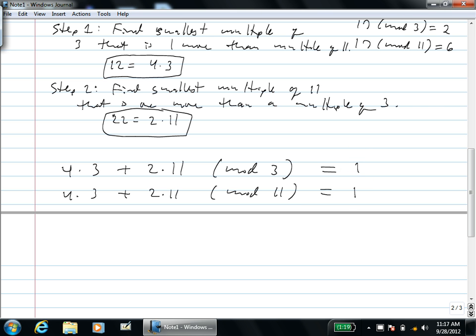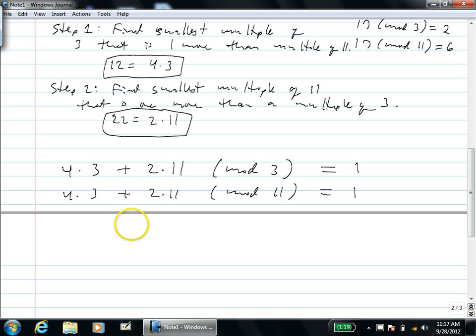You might remember from yesterday, if you divide this top one by 3, the 4 times 3 does not affect the remainder because 3 goes into it. So all that matters is what the remainder is when you divide 2 times 11 by 3, but we've already established that 2 times 11 was the special number that when you divide by 3 you get remainder 1.